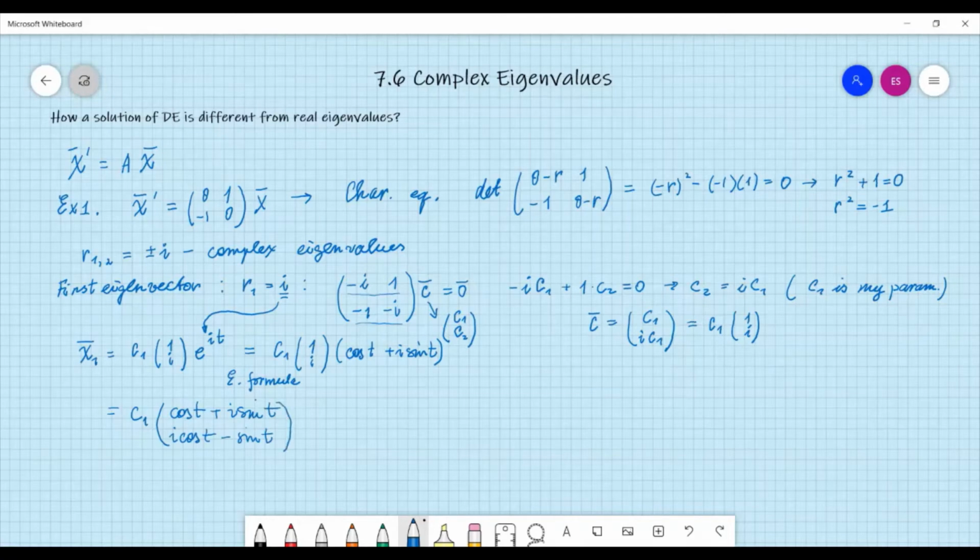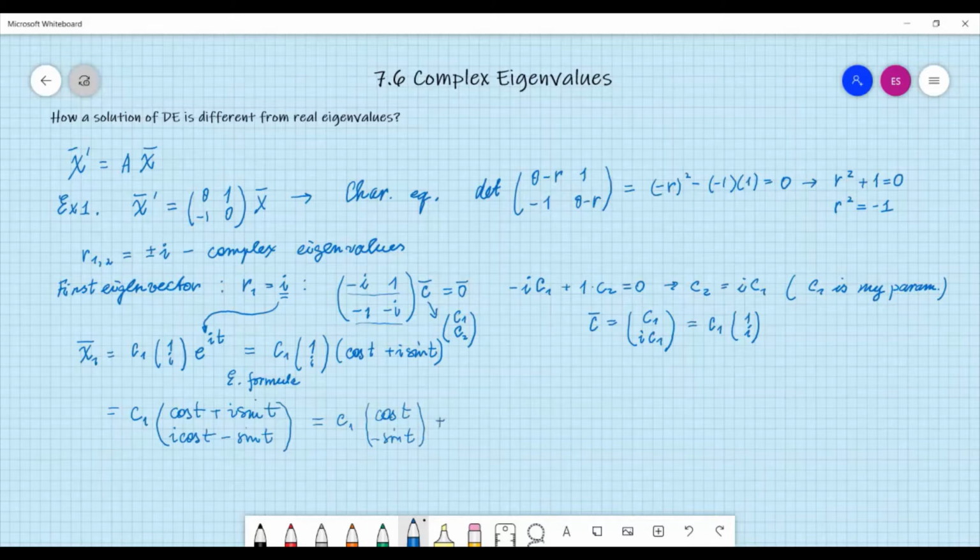Now, what I'm going to do, guys, I'm going to separate the real and imaginary parts of this complex number. I'm going to keep C1 outside. C1 is still outside. And I'm going to separate the real part. The real part is cosine of t and minus sine of t, and I'm going to keep it together.